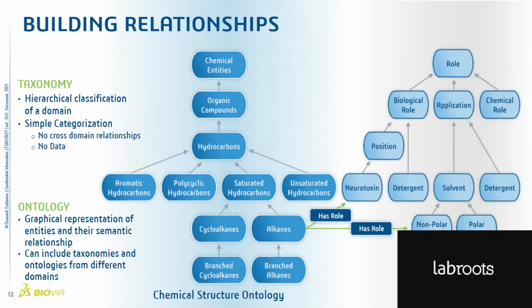And then we get to an ontology where you could start combining those hierarchical relationships. Here we're discussing classifying the structures of chemicals, and then over on the right, we're talking about their roles. What are they used for? How do they behave, etc. We have biological roles, chemical roles, and you can see that some of these are safety classifications as well.